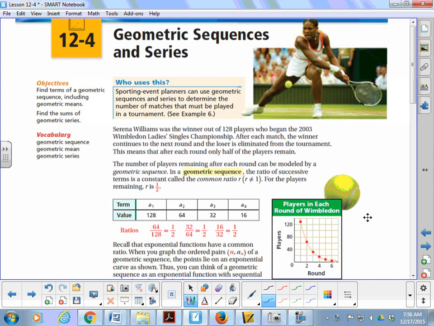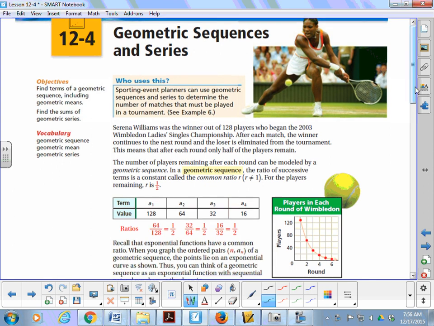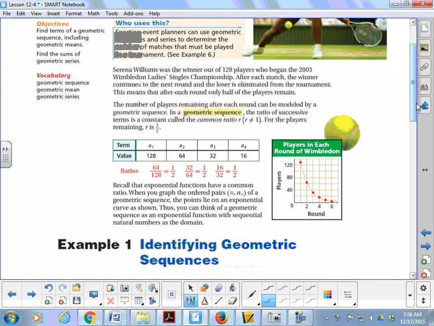Okay? Because a geometric sequence is actually, what do we call these graphs that look like this? Exponential. So if you remember with exponential, everything we do with them is always multiplication also. When we're doing exponential functions, if b was greater than 1, we had growth, and if it was between 0 and 1, we had decay.